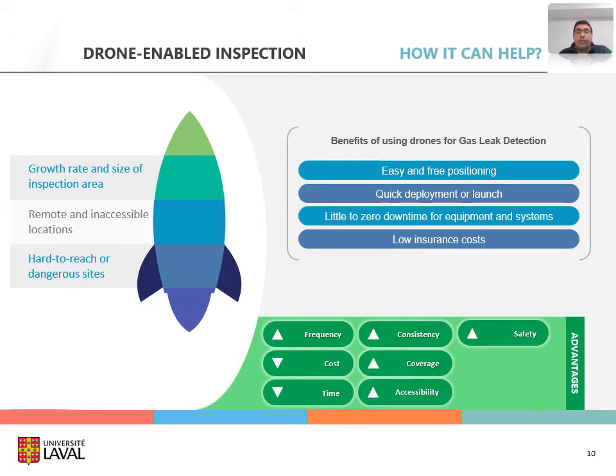Generally, we can say that drones can increase the frequency, consistency, coverage, accessibility, and safety of the inspections, and at the same time decrease the cost and time of inspection as well.